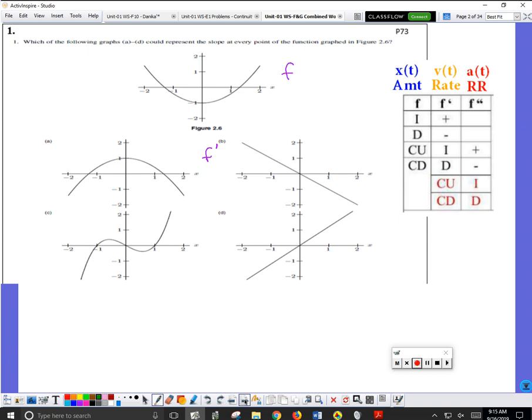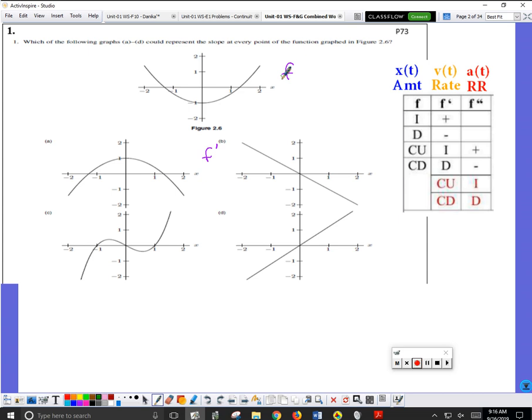The wording's a little tricky, but here's how they wrote it. Which of the following graphs, A through D, could represent the slope of the function graph here? So again, remember, when you look at a graph, all you see are points with numbers. All of these y coordinates down here are slopes of this.